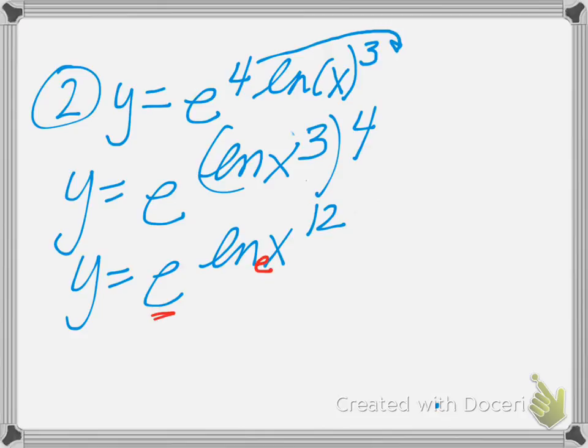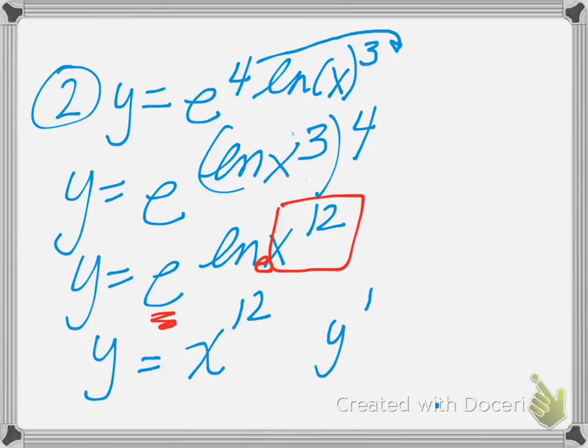Base of e here, base of e here. That means the whole thing equals this. So we could have written the entire thing as this, and then y prime is that. Okay. I'm going to go to a different color because that blue is annoying me. Number 3.